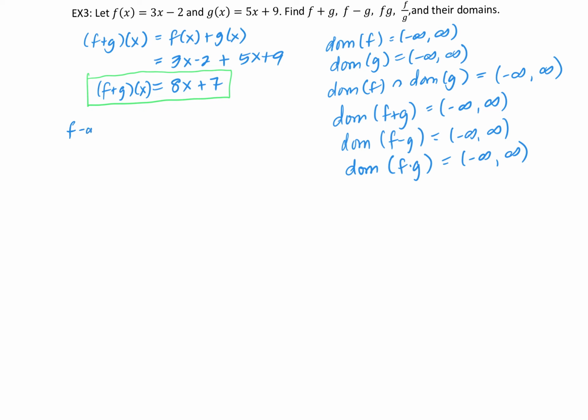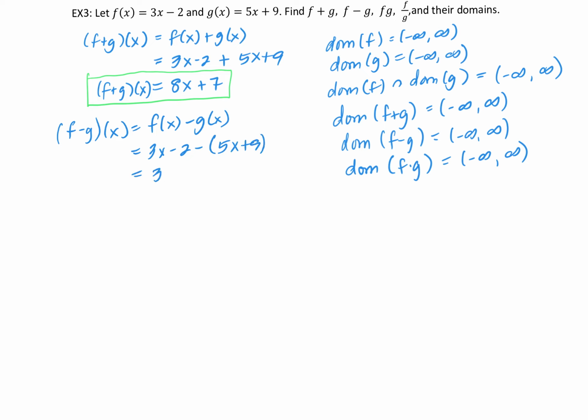F minus g of x is equal to f of x minus g of x. And f of x is 3x minus 2 minus, don't forget we're going to distribute the negative over the g of x, which is 5x plus 9.